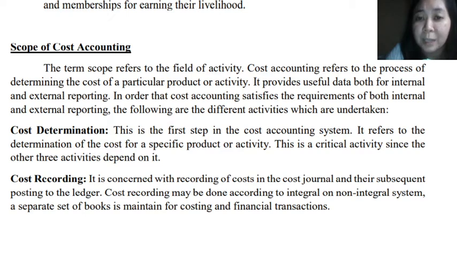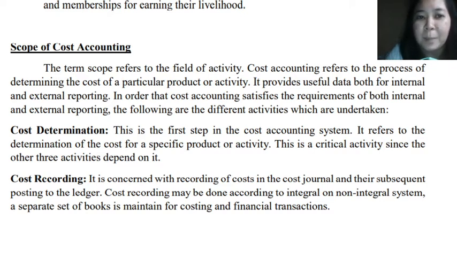So cost accounting basically provides useful data for both internal and external reporting. But most likely the financial reports that we can generate from cost accounting are mostly used by the management. So it is more of internal reporting than external.